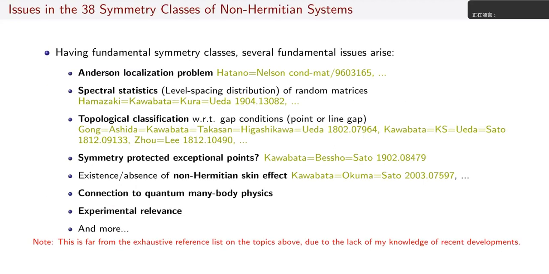Yeah, so this is actually some issues that I considered when I was preparing this slide.